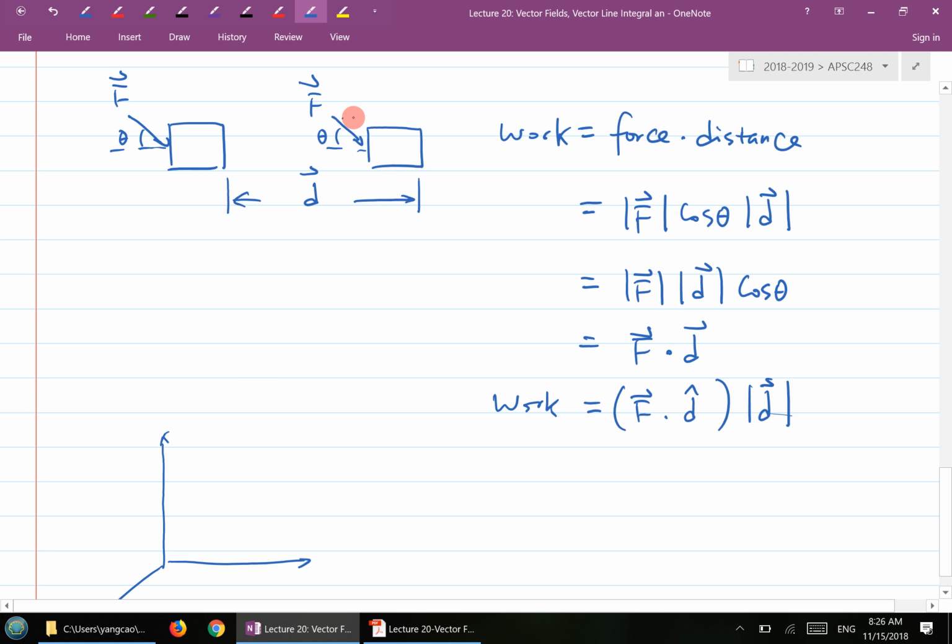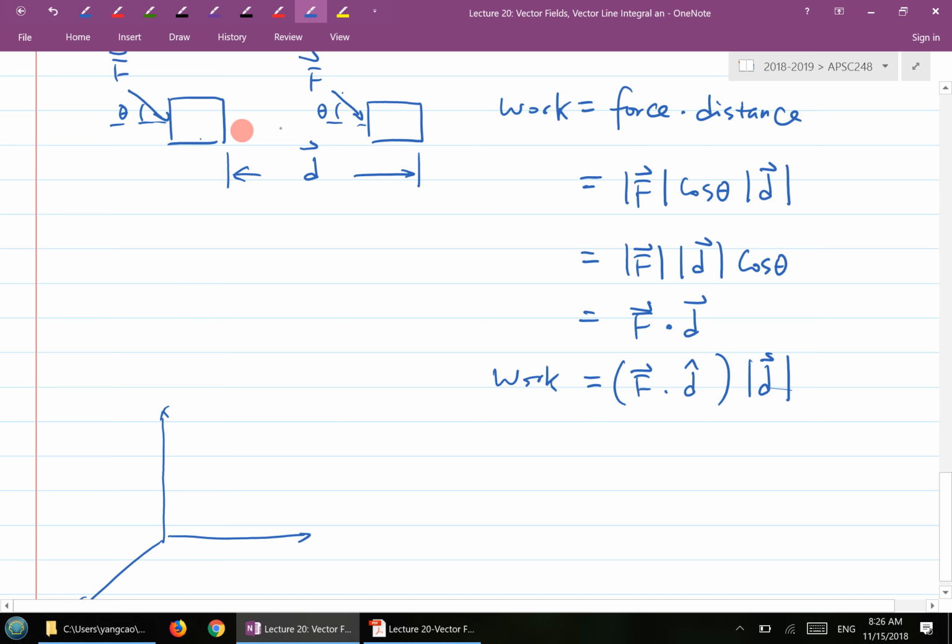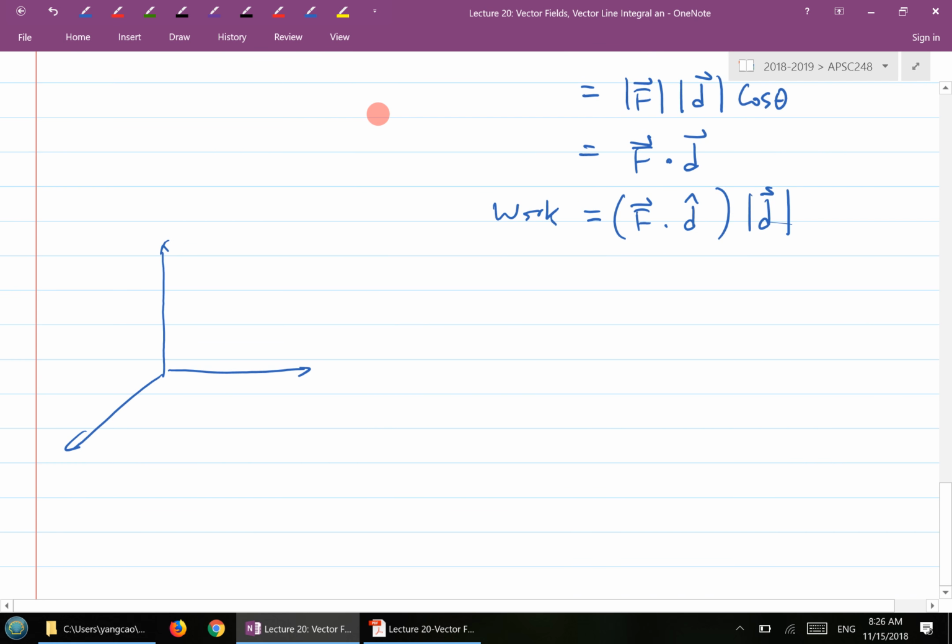Also, we're going along a straight line here. To make it more general, we're going to go along a certain curve C. It's not a straight line anymore, and it's not a short distance. It's a curved path.